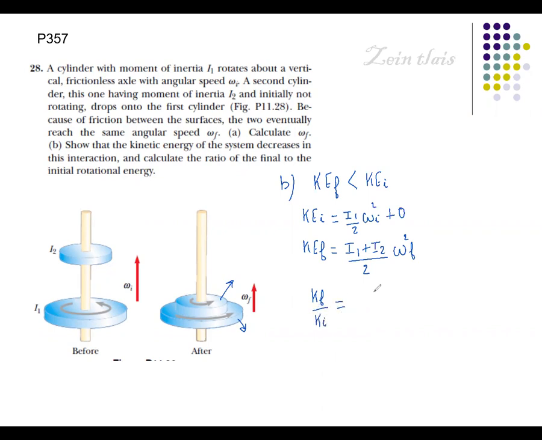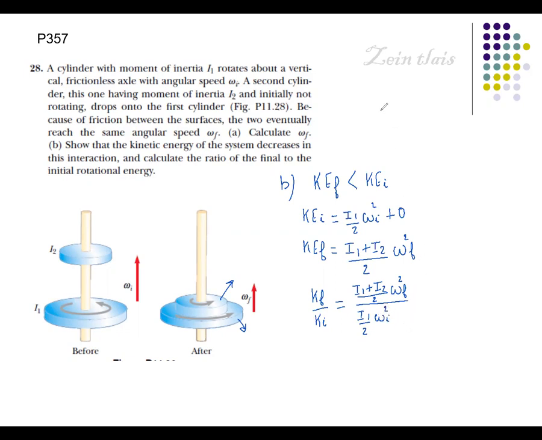We get kinetic final, which is I1 plus I2 divided by 2, omega final squared. Kinetic initial equals I1 over 2 omega initial squared.